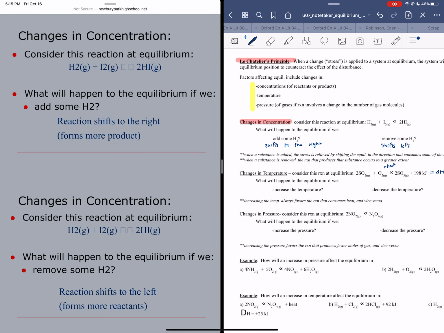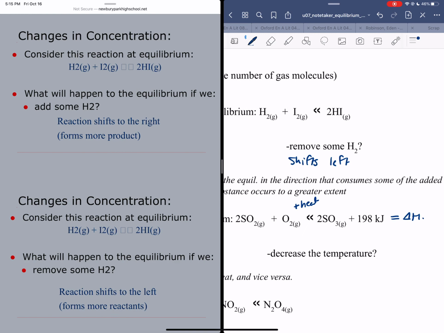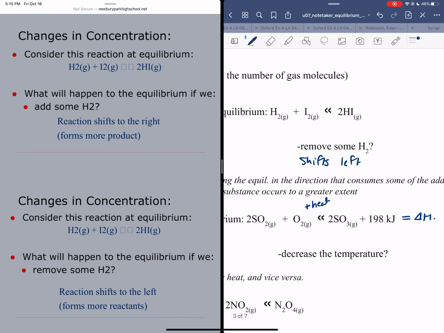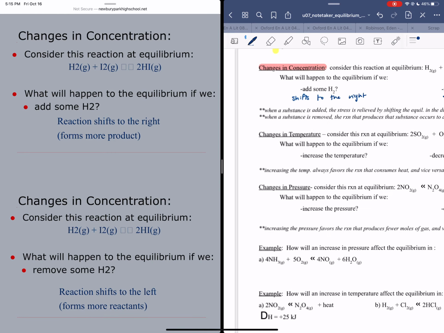So let's see what this says here. What will happen to equilibrium if we increase the temperature? Well, if we have lots of heat, the equilibrium will want to get rid of as much heat as possible. So it tends towards the product, where it consumes heat in the endothermic reaction. We're favoring the endothermic reaction because it helps us consume the heat that we don't want.